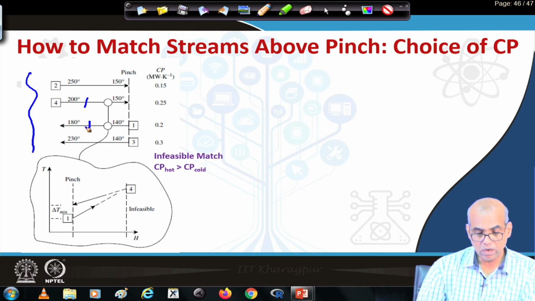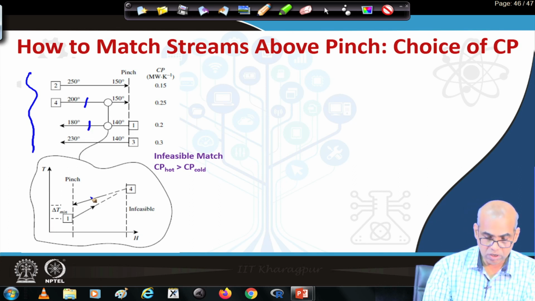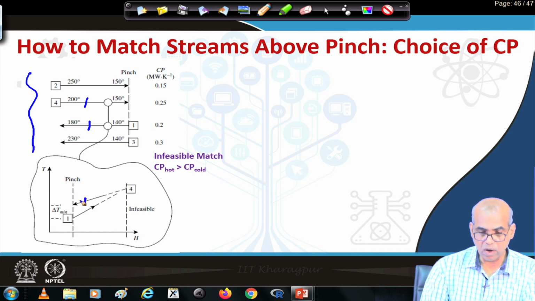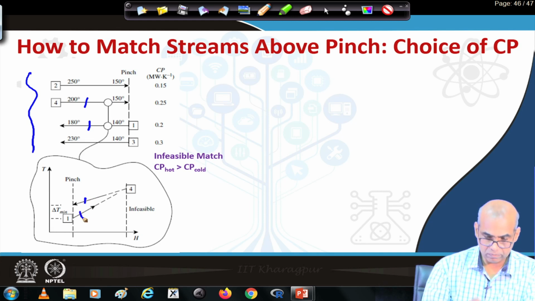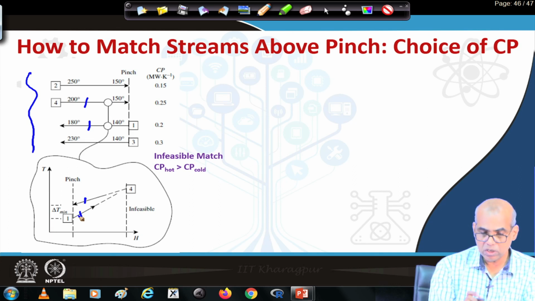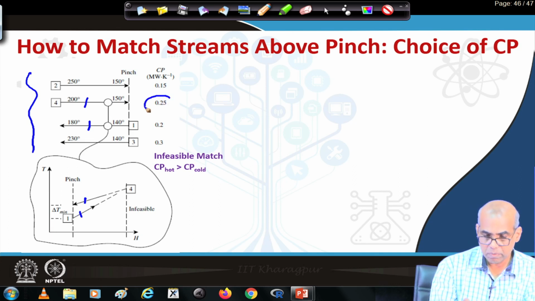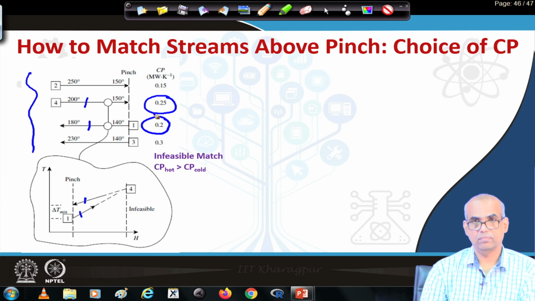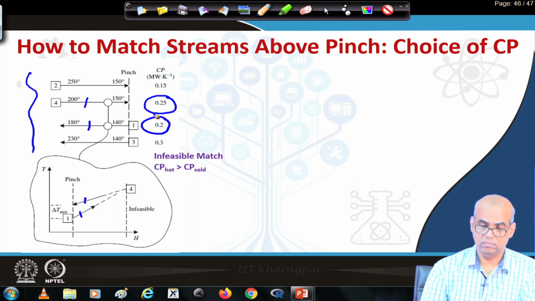Note that stream 4 is a hot stream and stream 1 is a cold stream. The hot stream 4 has a Cp value greater than the Cp value of the cold stream. So, Cp hot is greater than Cp cold.